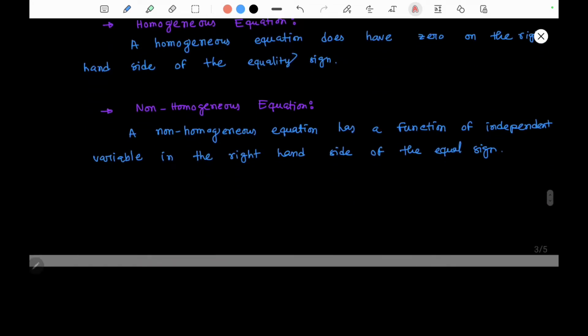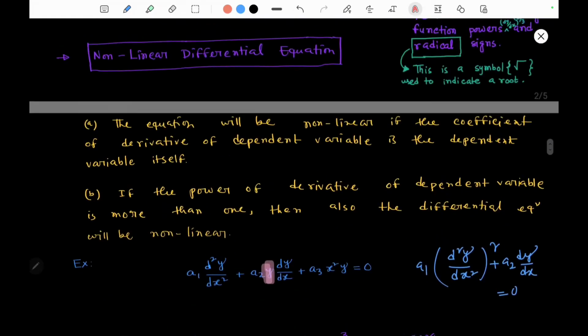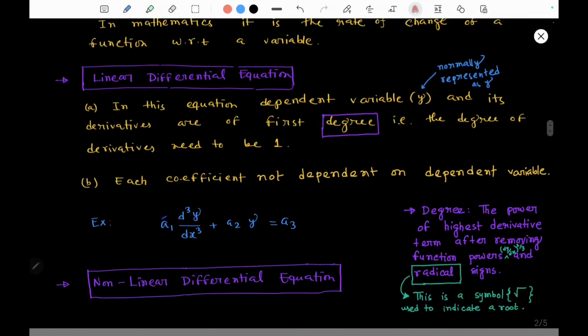Now, which are the non-homogeneous equations? A non-homogeneous equation has a function of the independent variable on the right hand side of the equal sign. Like here we have written 1.